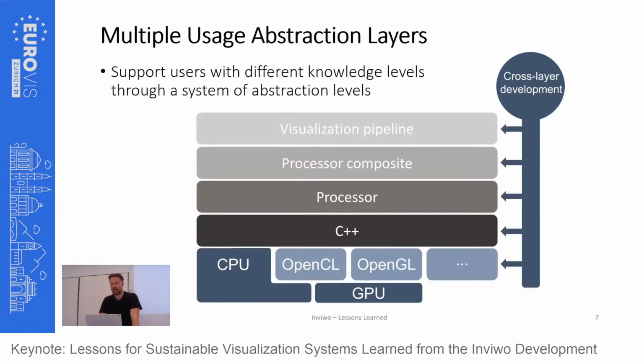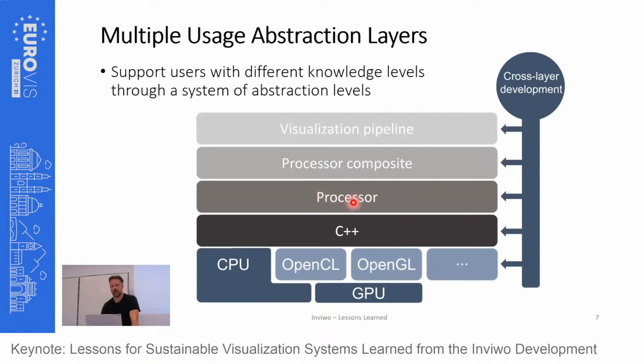So what we have aimed at was what we call cross-layer development. And this is what you see here. We have different layers. On the bottom, our low level of abstraction is more technical. We abstract, for instance, OpenGL or OpenCL as interfaces to the GPU. Then we have a C++ layer.